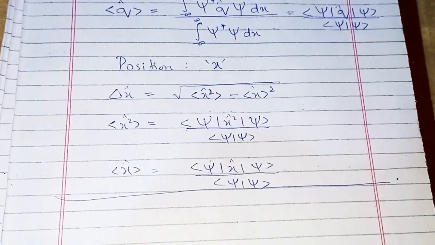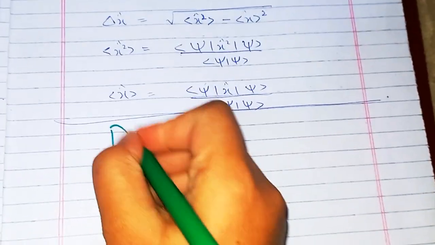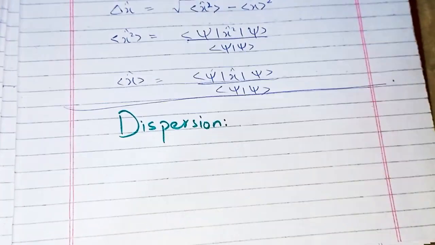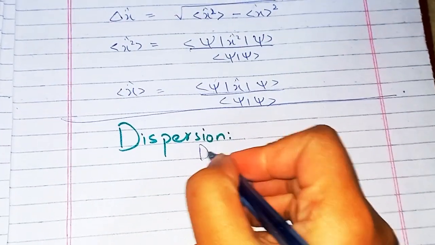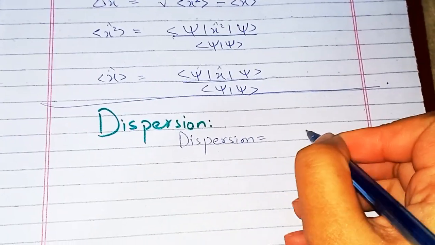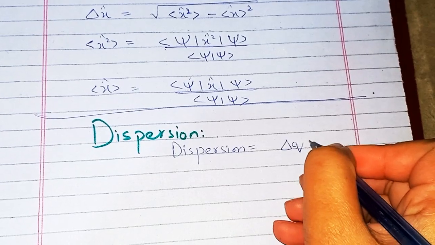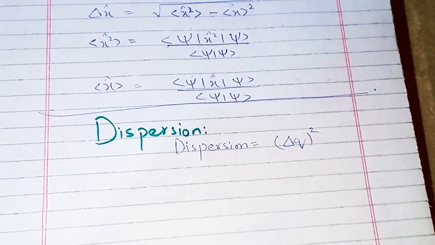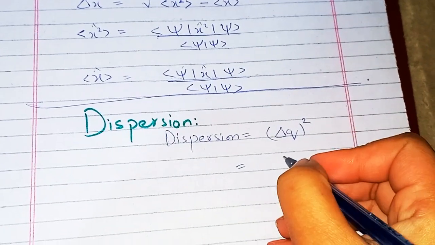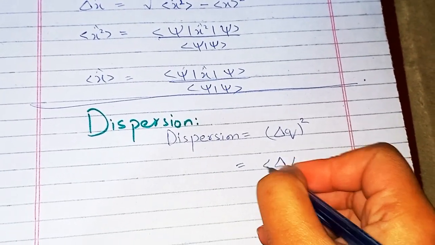There is another term that we see, dispersion, and it is closely related. Dispersion is equal to the square of uncertainty or the square of standard deviation. I'm representing uncertainty by delta q, so its square will be the dispersion. Sometimes they ask you to calculate it. So that's a general and really easy formula, and you should know it.